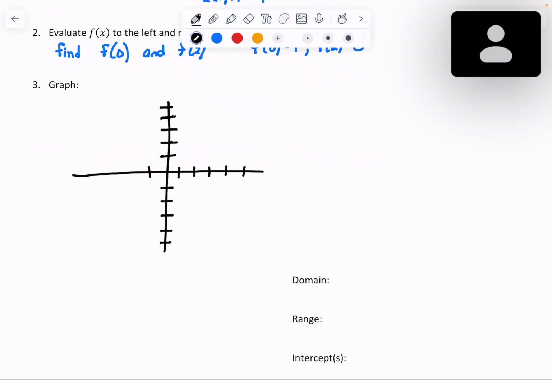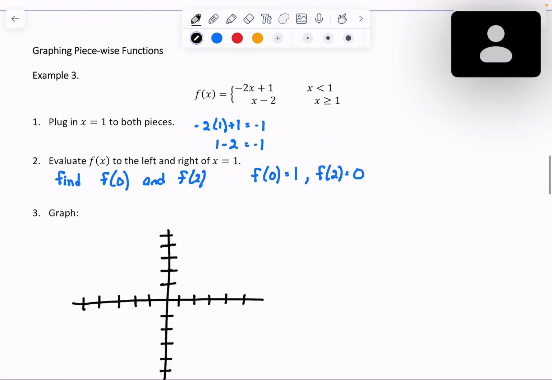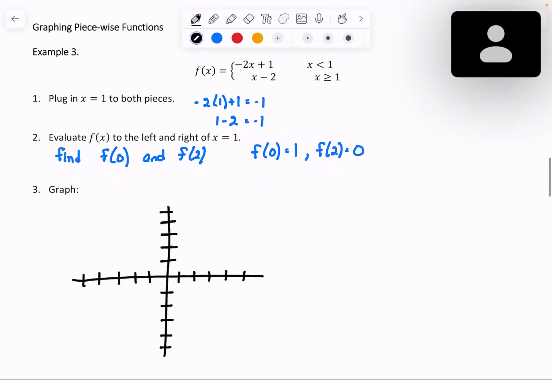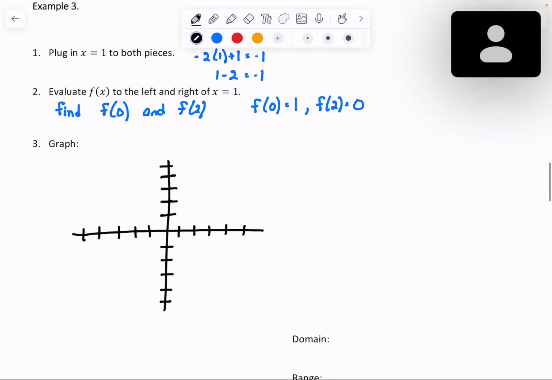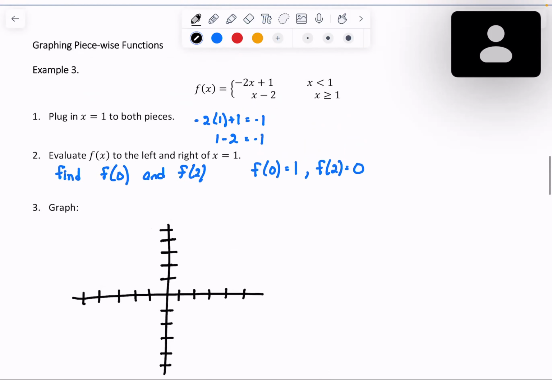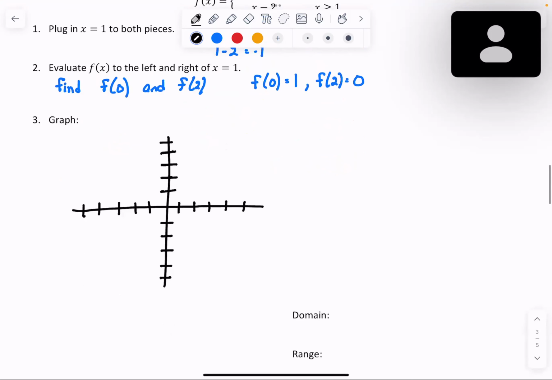And then 1, 2. Okay. So what we're first going to do is plot the point of 1, minus 1, not 1, 1, because whenever we plugged in x as 1 to both these pieces, we got minus 1. So the first point is right here.